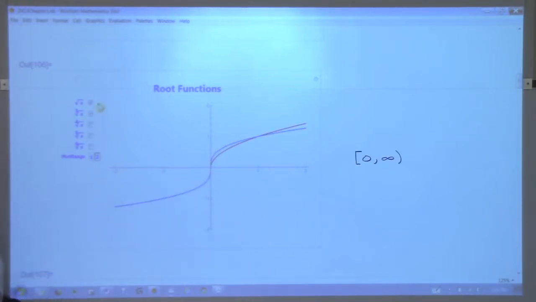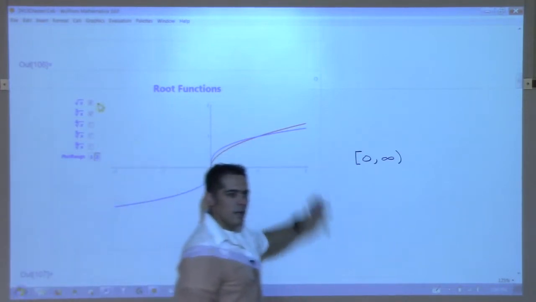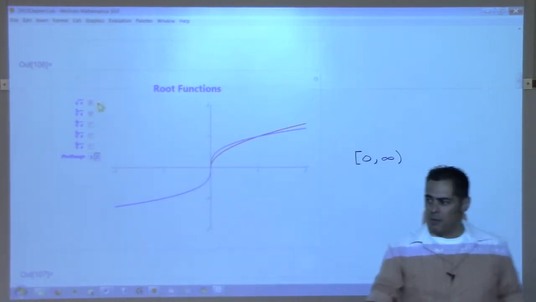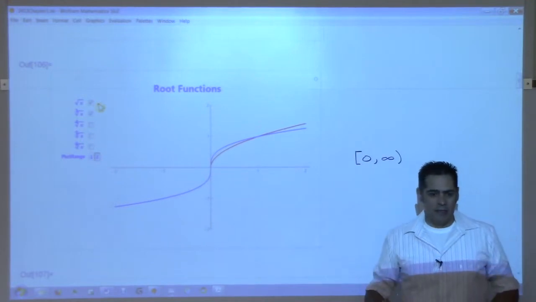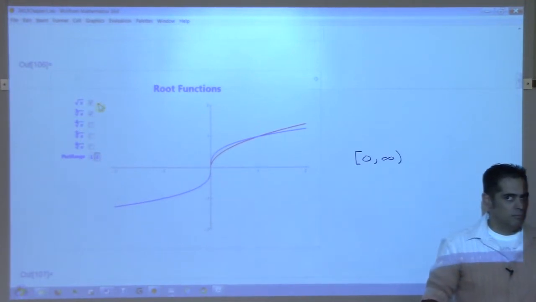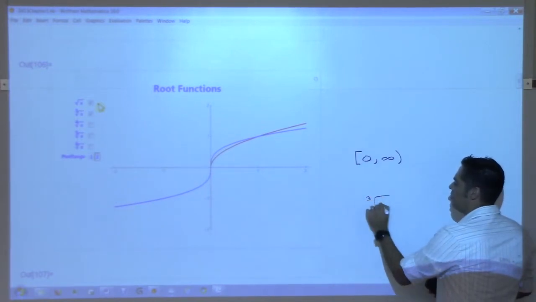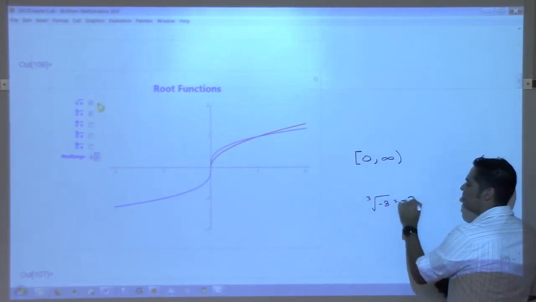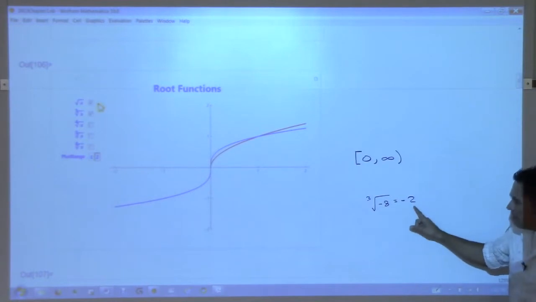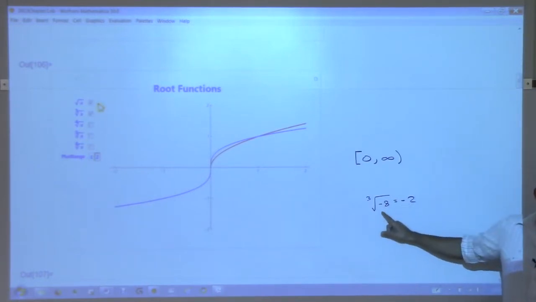Well, there's the picture of the cube root function, right? See, you can take a cube root of a negative number. What would the cube root of negative 8 be? Cube root of negative 8 would be negative 2, because negative 2 times itself 3 times would give you negative 8.